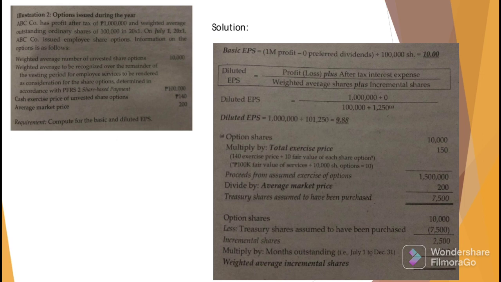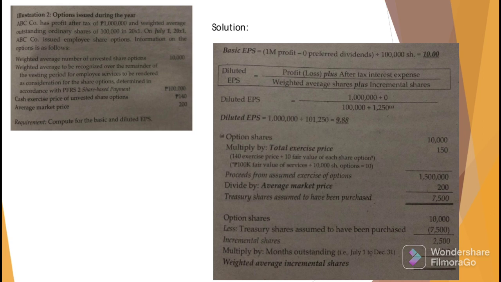So, 1 million plus 0 divided by 100,000 plus 2,500 incremental shares.